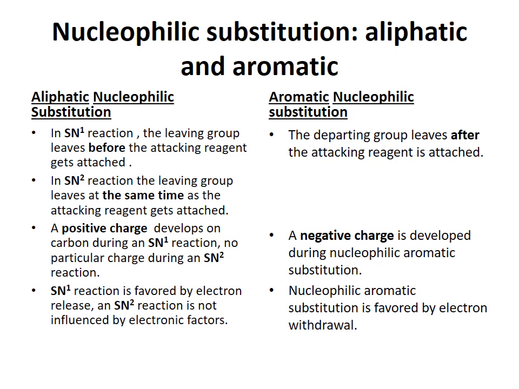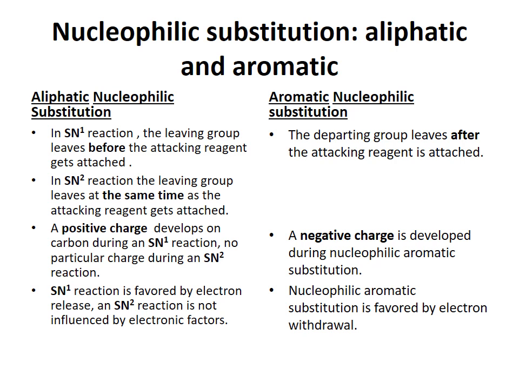But in aromatic nucleophilic substitution, the leaving group, the halide ion, leaves after the attacking reagent is attached. In SN1 reaction, a positive charge develops on the carbon, and there is no such charge during SN2 reaction. In nucleophilic aromatic substitution, a negative charge is developed.